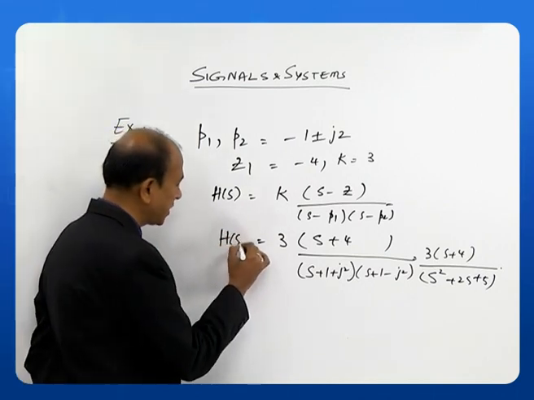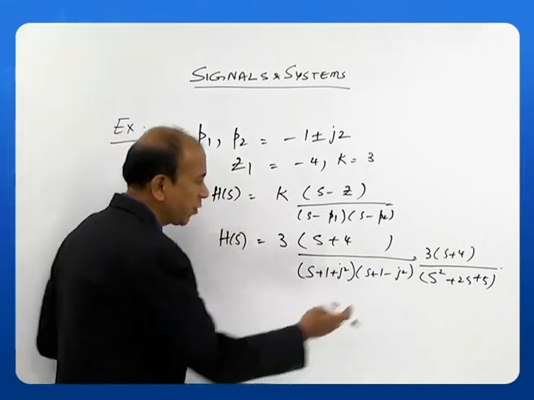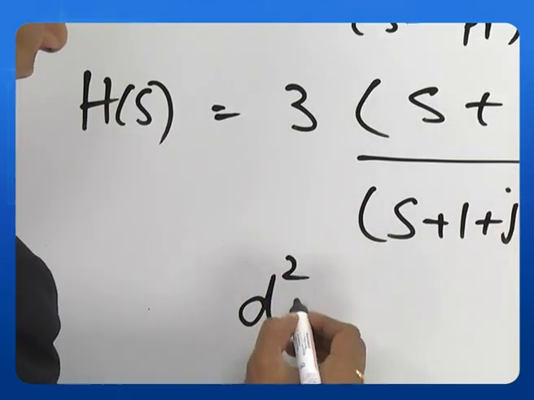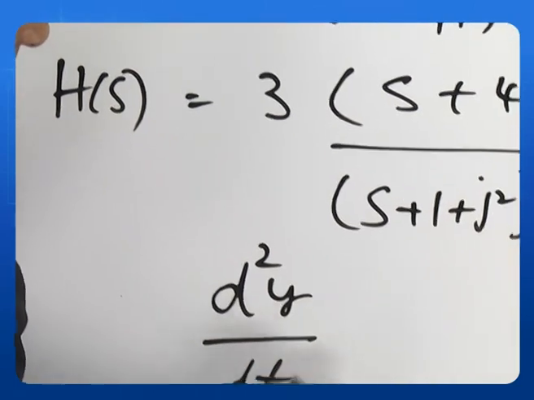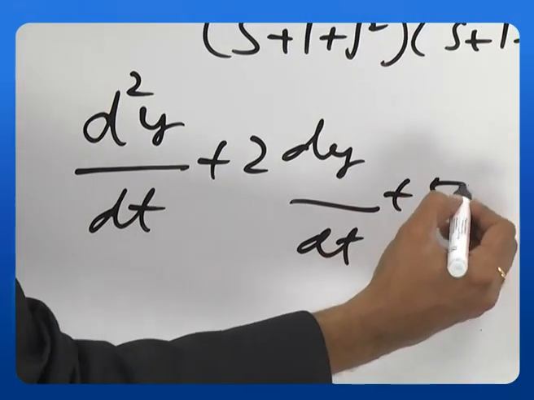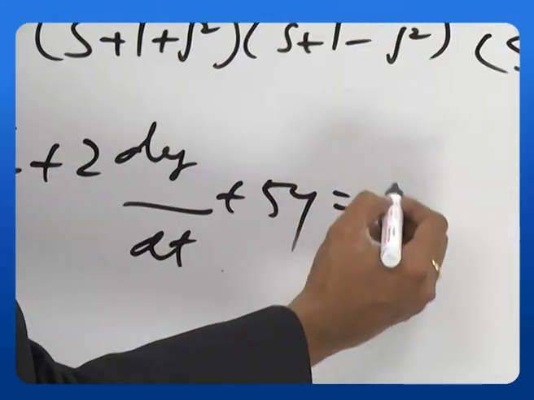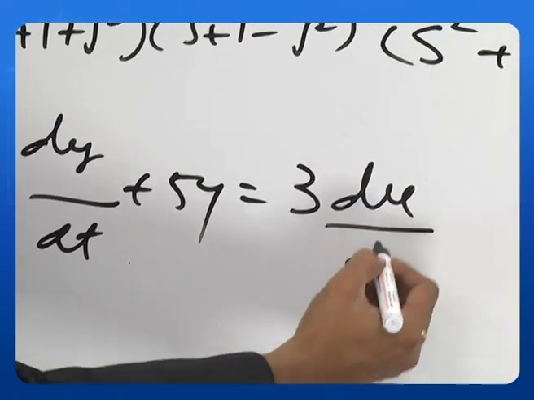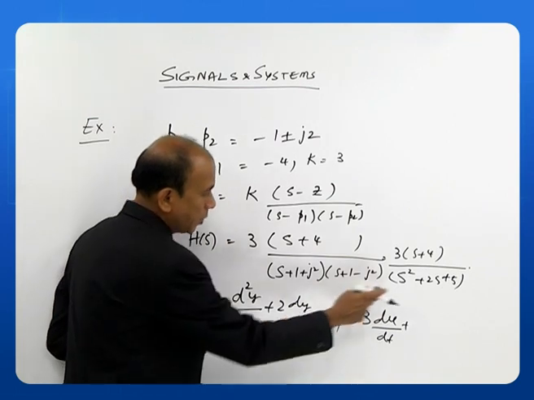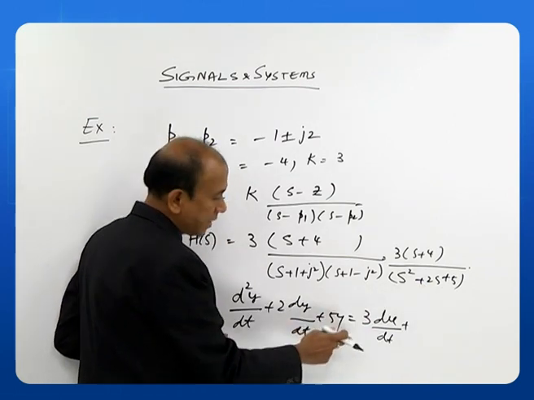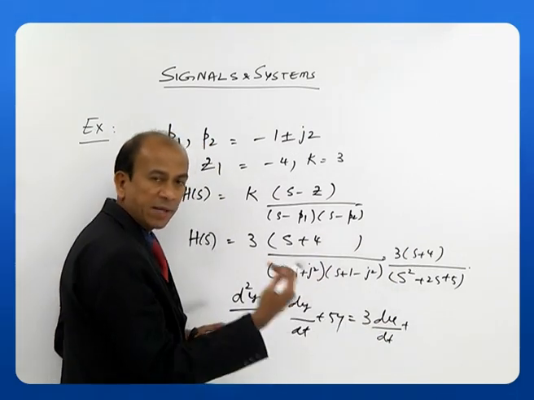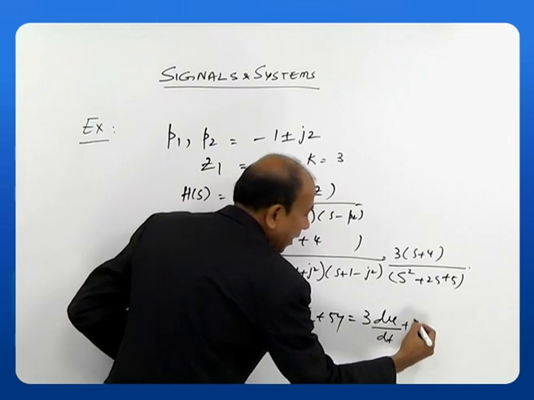Now from this h of s I can write down my differential equation. So s square becomes d square y by dt square, plus 2 dy by dt, plus 5y is equal to 3 du by dt, because 3s becomes 3 du by dt, plus 3 into 4, that is 12u.